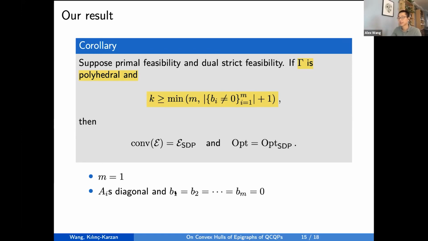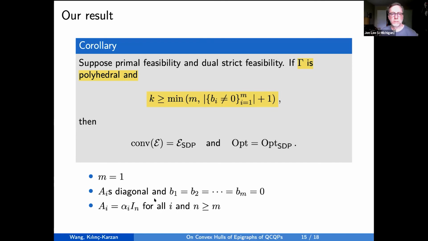Hopefully that convinces you that the second condition can cover some relatively interesting examples. And finally, this corollary also covers the case where the a sub i's are each multiples of the identity matrix, and n, the dimension, is at least m.